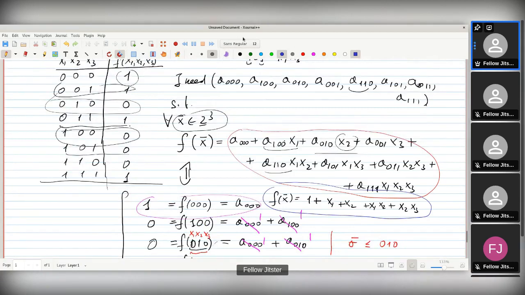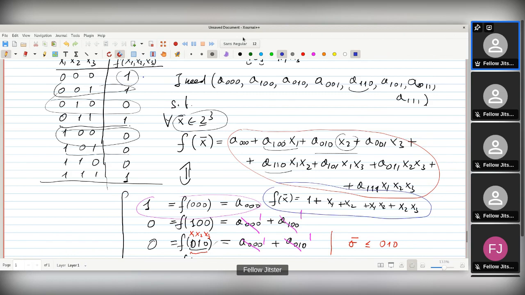If we have all zeros, we have 1. That's okay. Unity at x3. So it is 1. Unity for x2. 1 plus 1, 0. Okay. 0, 1, 1. So we have 1 plus 1 plus 1. It must be 1. It is 1. 1, 0, 0. 1 plus 1 is 0.